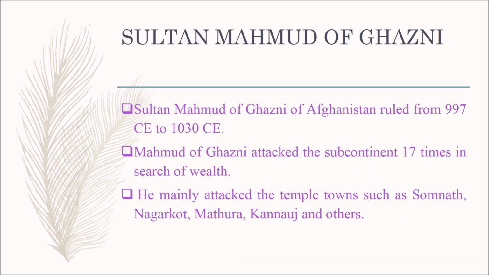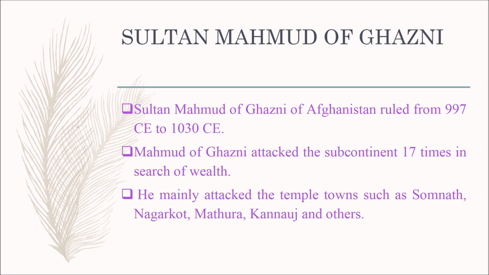Now, let's see Sultan Mahmud of Ghazni in detail. Sultan Mahmud of Ghazni of Afghanistan ruled from 997 CE to 1030 CE. Muhammad of Ghazni attacked the subcontinent 17 times in search of wealth.